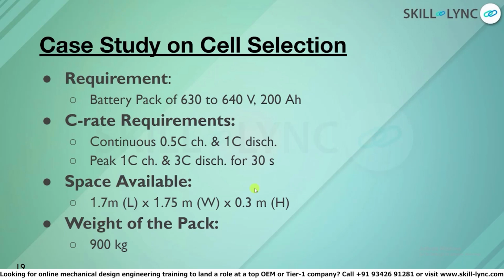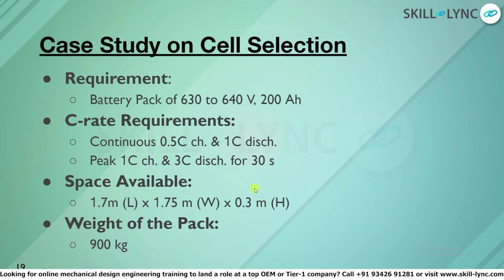Let us get back into C rate requirements for some more time. Continuous C rate: 0.5C charging and 1C charging. Charging the battery pack at 0.5C is 0.5 times 200 Ah. You have a battery pack of 200 Ah capacity and you are charging it at 0.5 times that, which is 100 amperes.